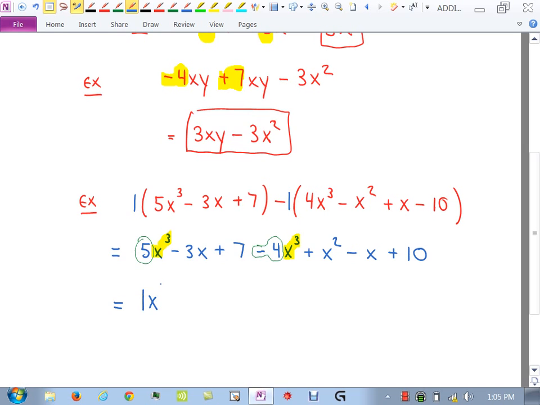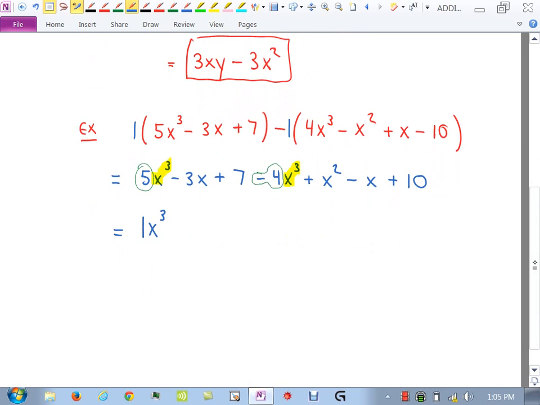I don't need the 1, but I'm going to write it. You could just write x to the third. Now, what else? Do we have any other like terms? The negative 3x here, and then the minus x here, right? X squared doesn't look like it has any others to join with, does it? We'll still bring it with us, but we're just not going to be able to combine it.